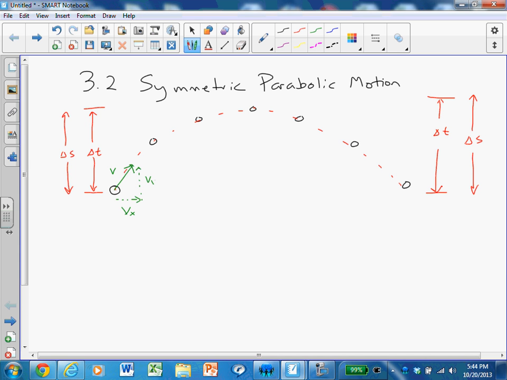Well, the vy component, that's what's under the influence of gravity. The vx component is not under the influence of gravity, and as the projectile travels, that doesn't change without any air resistance or anything like that.